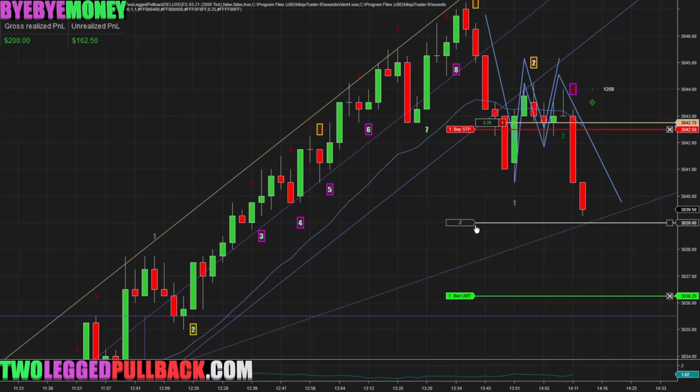Actually, I'll manage it this way. One tick above prior candle's high. Keeping a break even actually here.